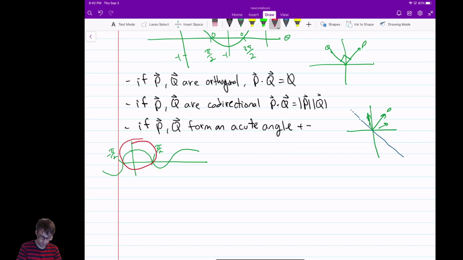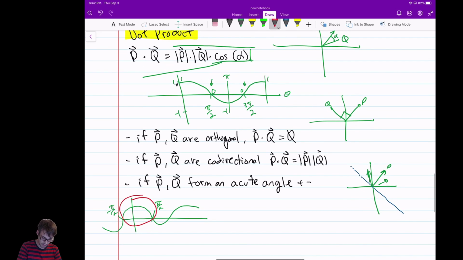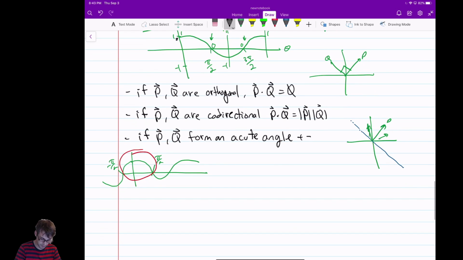If the cosine is positive, and their lengths are always positive, then the whole thing is positive. So if p and q form an acute angle, our knowledge of cosine tells us that the dot product of p and q must be bigger than 0. We've learned that if it is 0, they're orthogonal. If it's bigger than 0, they point in the same general direction.